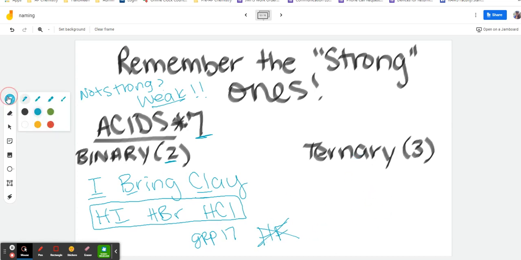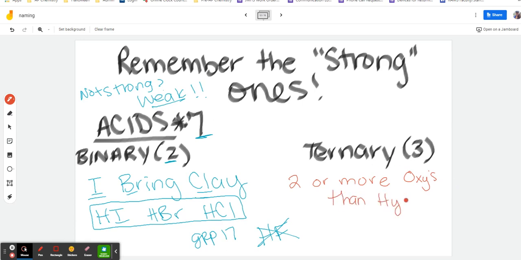All right, your ternary acids, there's an easy way to do this. You remember one rule, and that is that if it has 2 or more oxygens than hydrogens, it is considered strong.